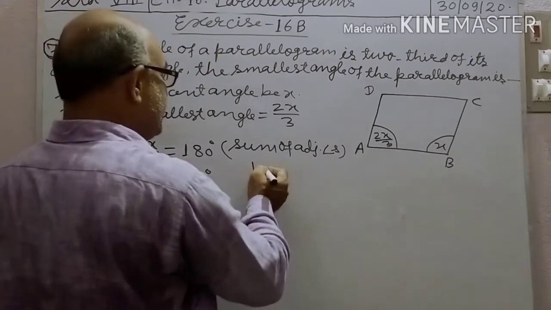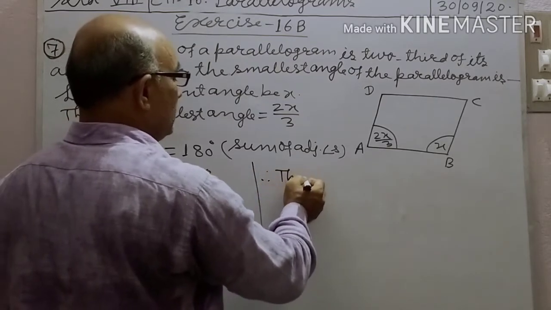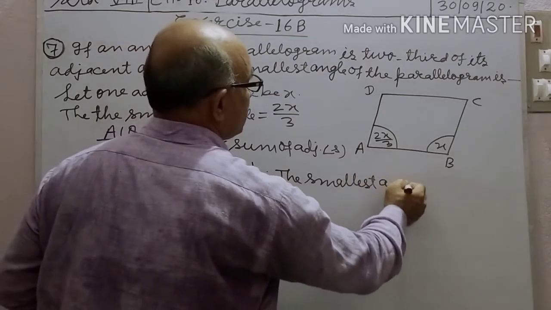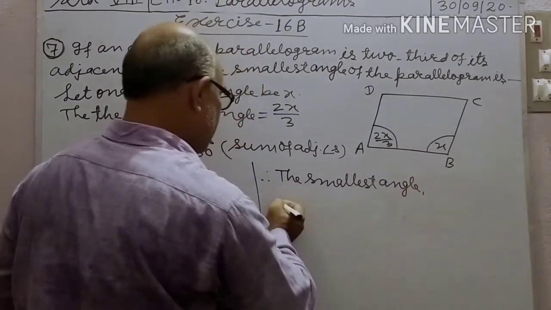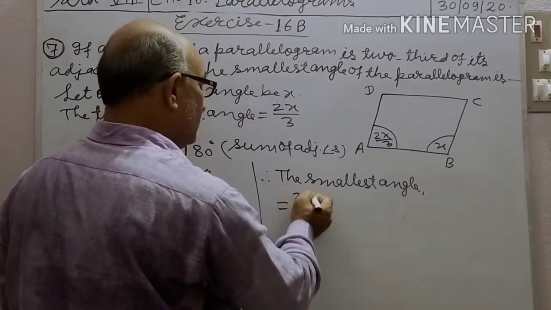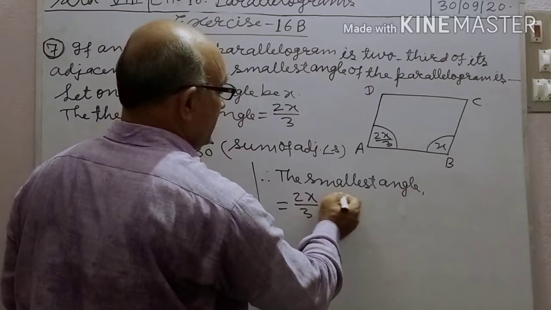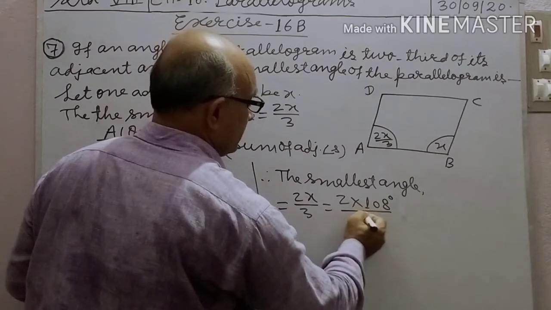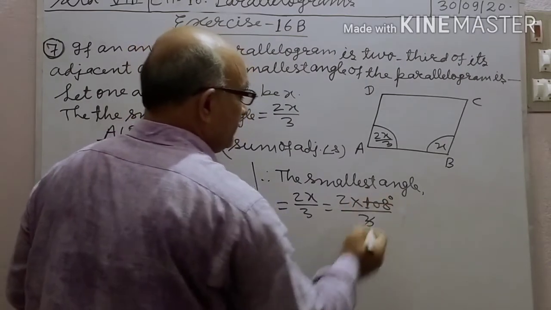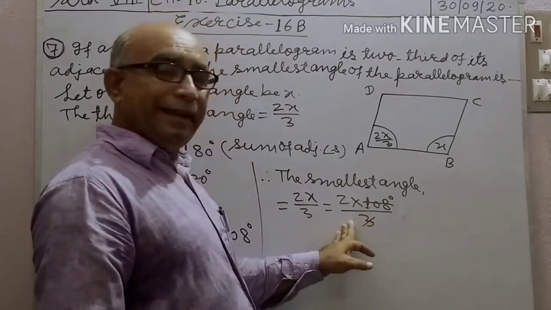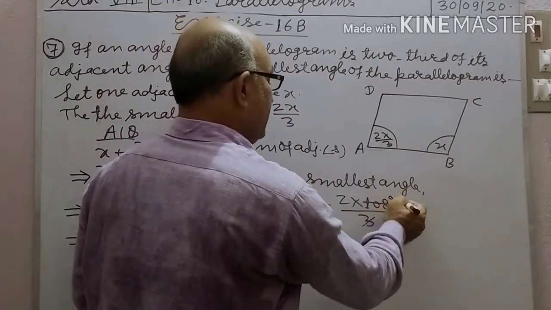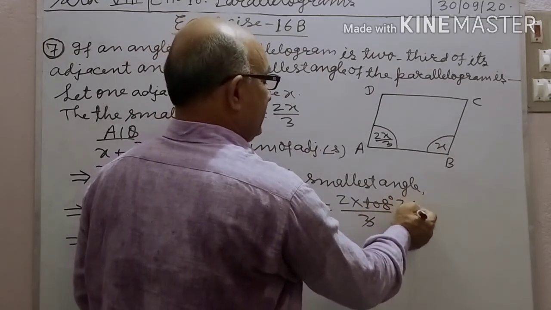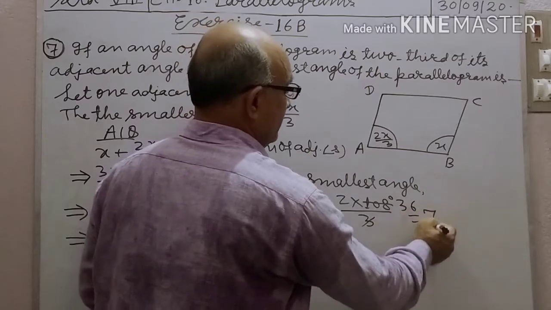Therefore the smallest angle equal to 2x by 3 equal to 2 into 108 degree by 3. 108 divided by 3 is 36, and 2 into 36 equal to 72 degree.